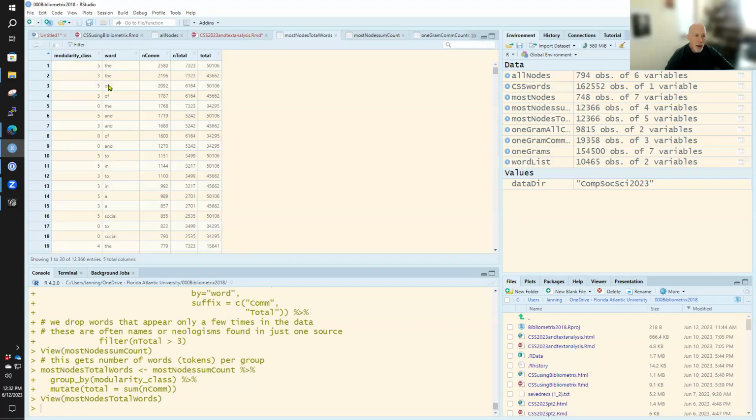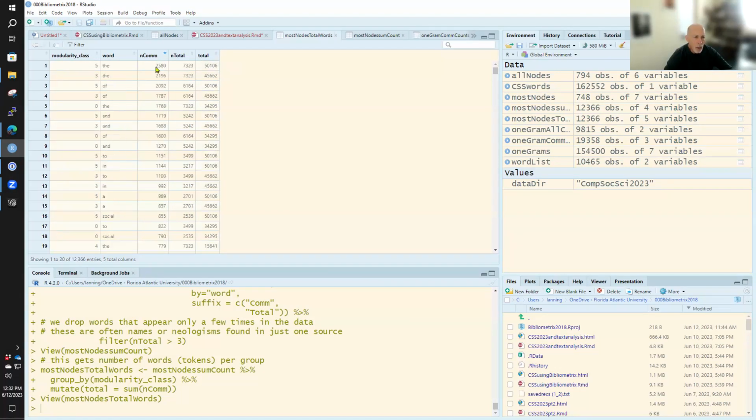And then we're going to combine all of these things. We've got modularity class, the word, the number of total words in a community, the number of... gee whiz, one sec here. The number of words in a community refers to the number of times that this word appears in this community.